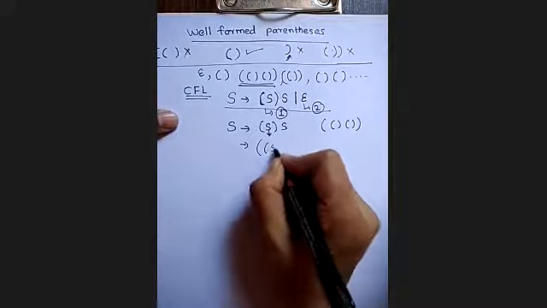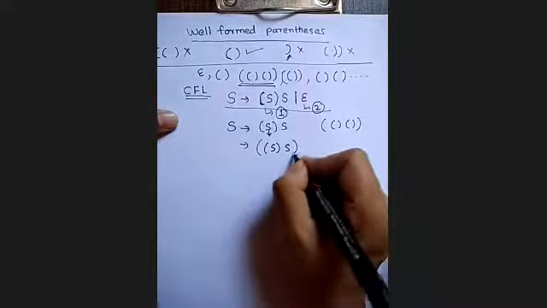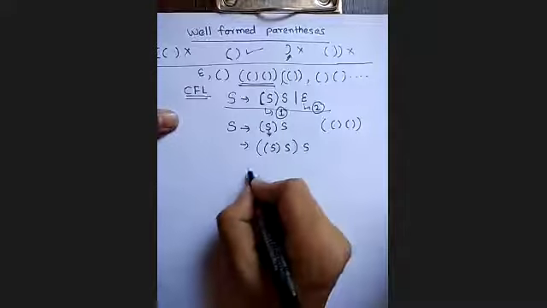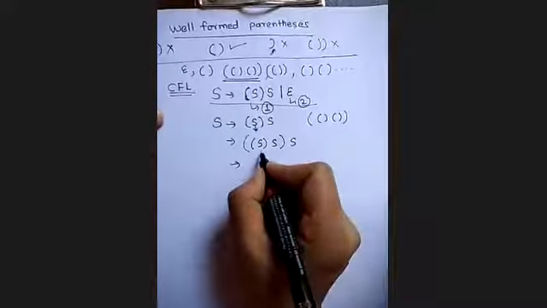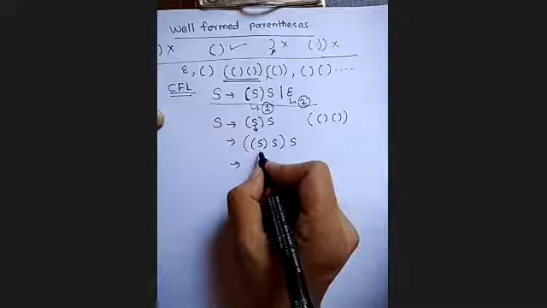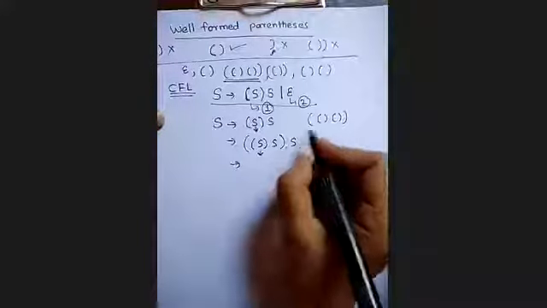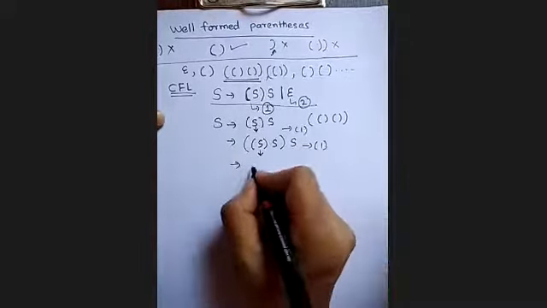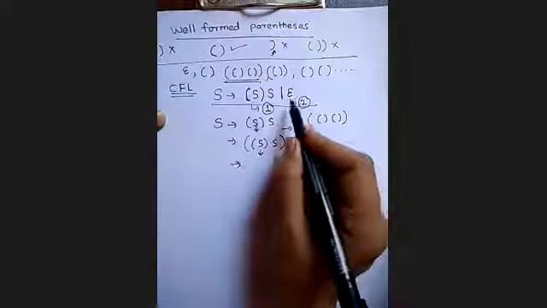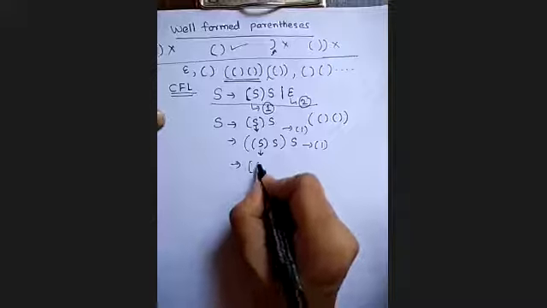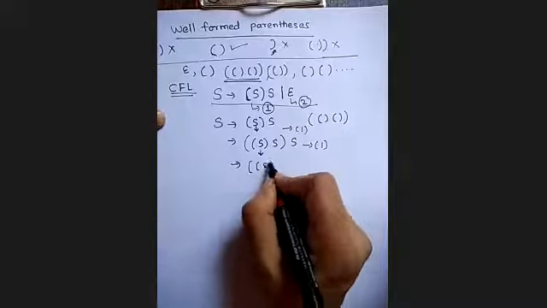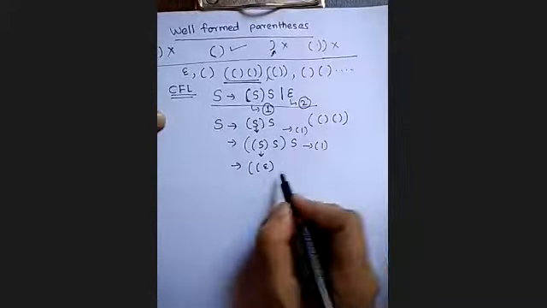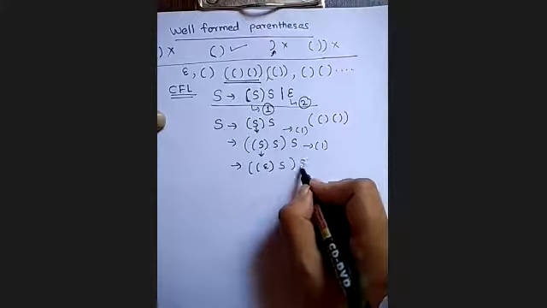S. Yes. Next, for this S, what is to be applied? Leftmost derivation. Tell me the rules fast. This is rule number 1, rule number 1, rule number 2. Rule number 2 is S derives epsilon. So if I apply epsilon, let us not write it, or later on we'll remove this. So up to here it is done.